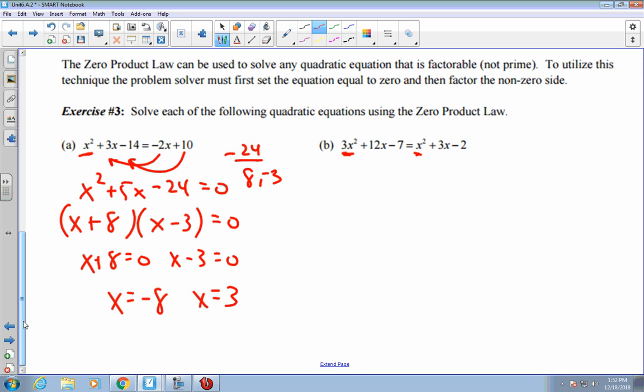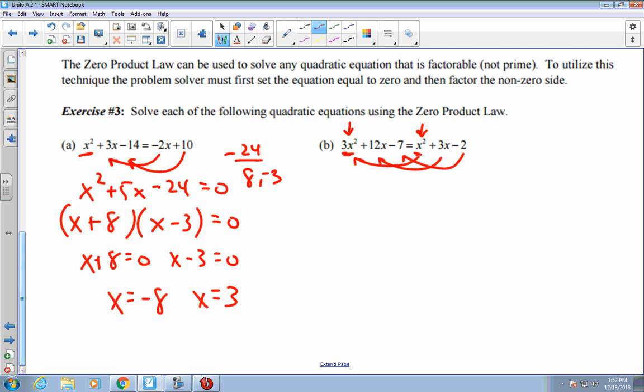The next one, the 3x squared is positive, and this x squared is positive. So always move the smaller x squared. Always. So everything from the right side is coming to the left. It is not always right to left, but in these 2 examples it is.